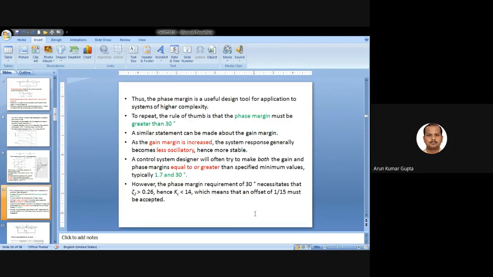Now we also discussed that a control system designer will often try to make both gain and phase margin equal to or greater than the specified minimum values, that is 1.7 and 30 degrees, right?